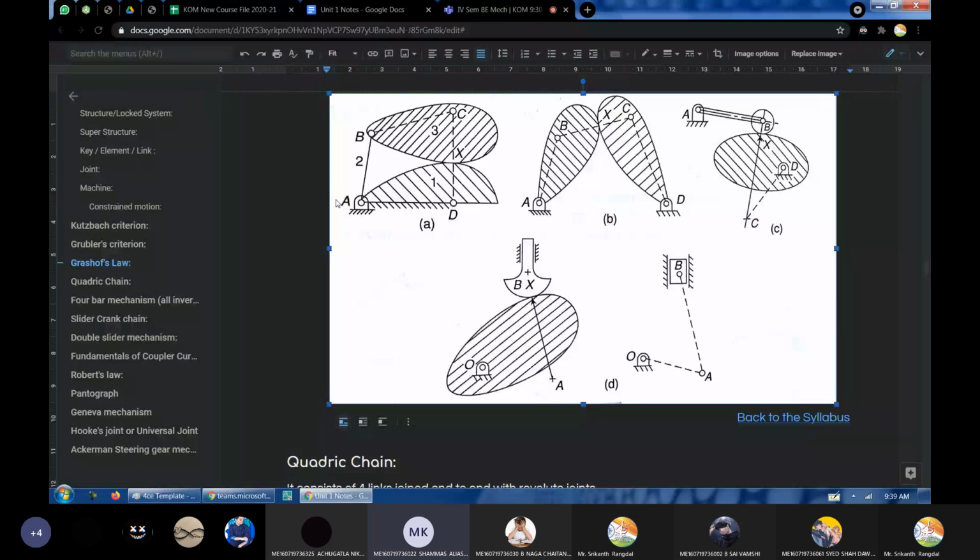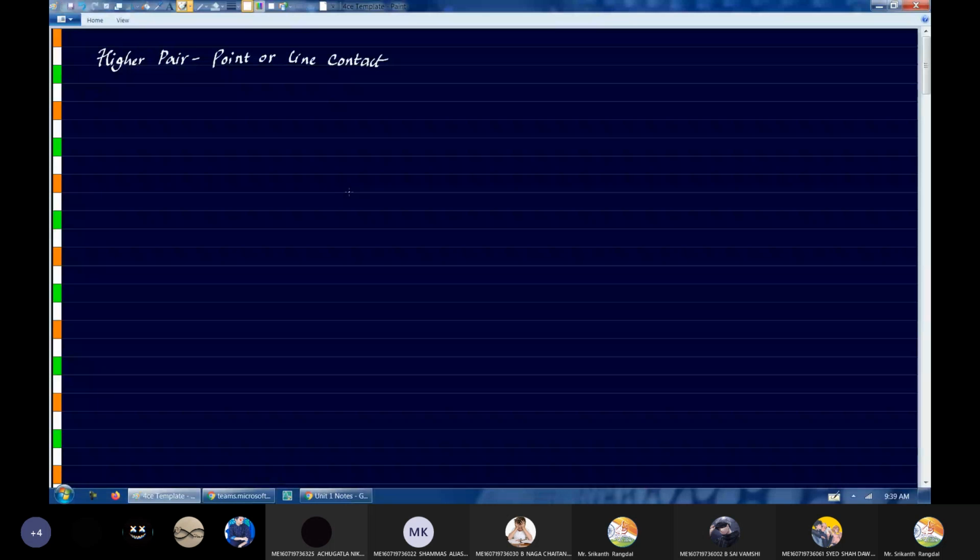While discussing the types of joints, we had come across something called higher pairs. What is a higher pair? If there is a point or line contact between two links, then that can be called a higher pair.